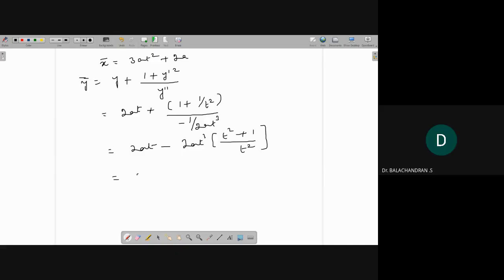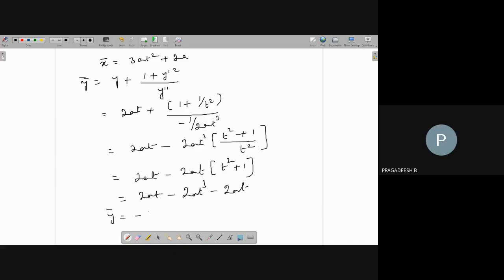Yes, sir. 2at into t square plus 1, so remaining you have minus 2at into t square plus 1. Minus 2at cubed minus 2at. So you can cancel these two. So y bar equals minus 2at cubed. Very good.